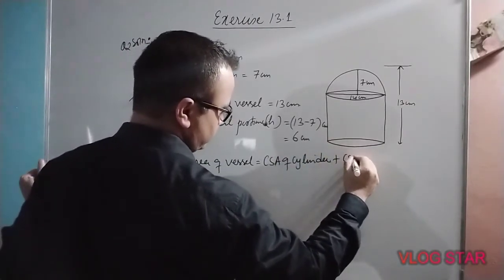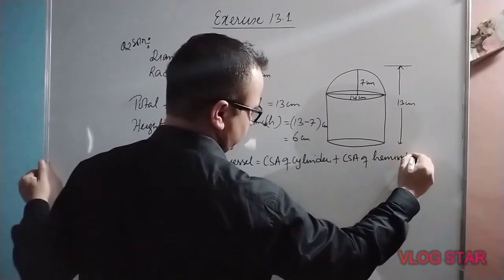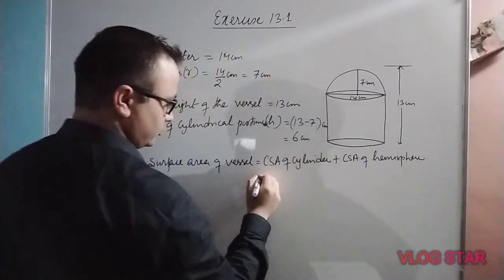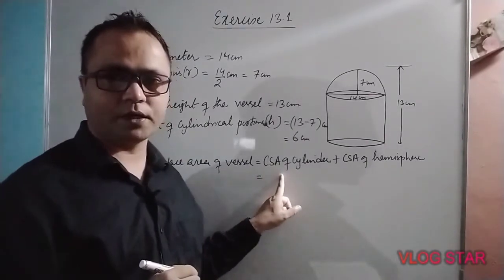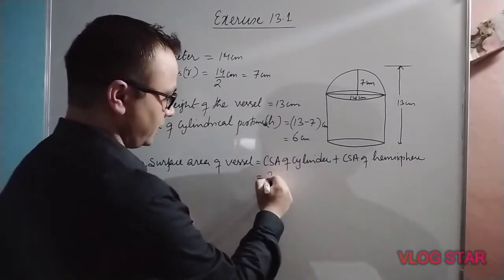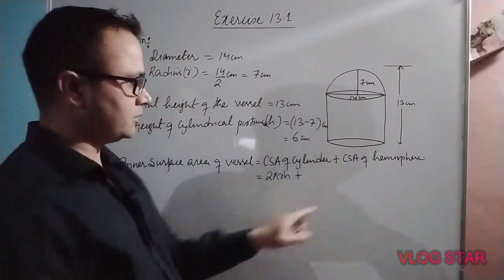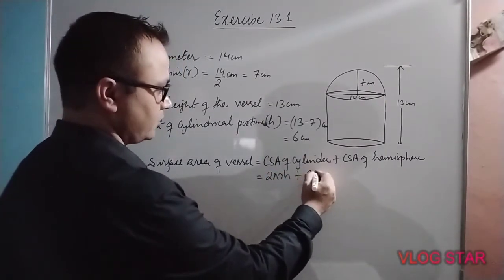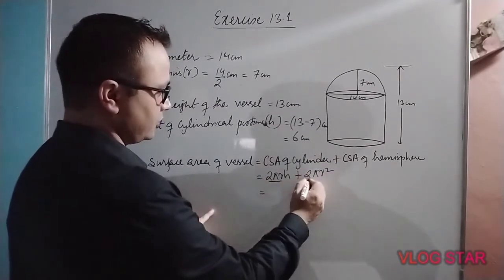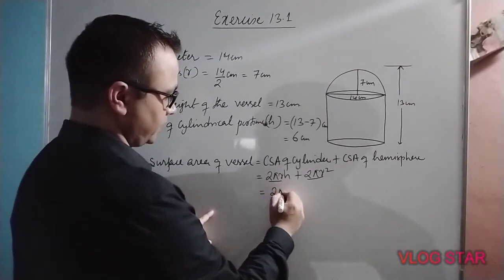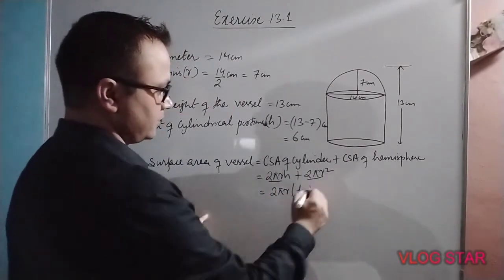CSA of cylinder is 2 pi R H, and CSA of hemisphere is 2 pi R square. Taking 2 pi R common, it is 2 pi R times (H plus R).